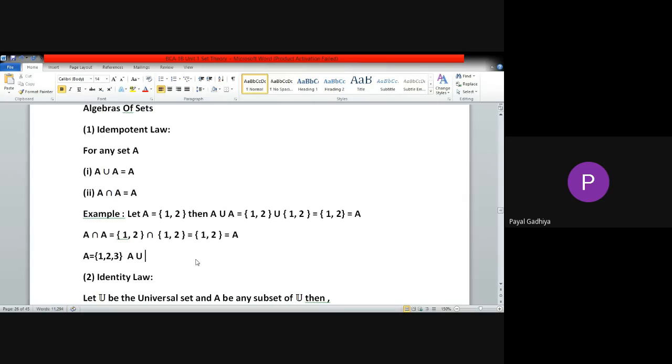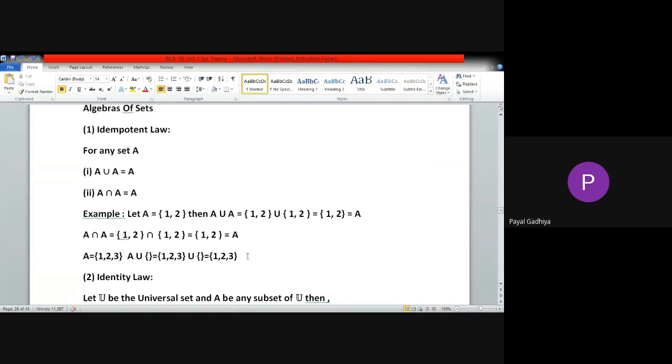A union null set, I am having as 1, 2, 3 and union null set. What will be the answer of this question? It's 1, 2, 3, right? Okay. So that means null set is the identity element for union.